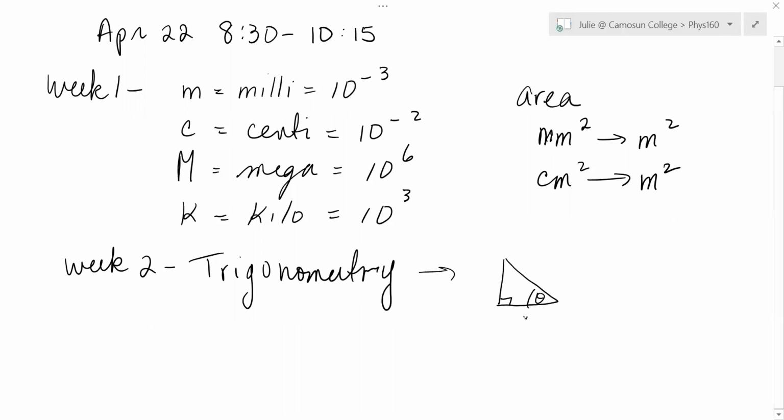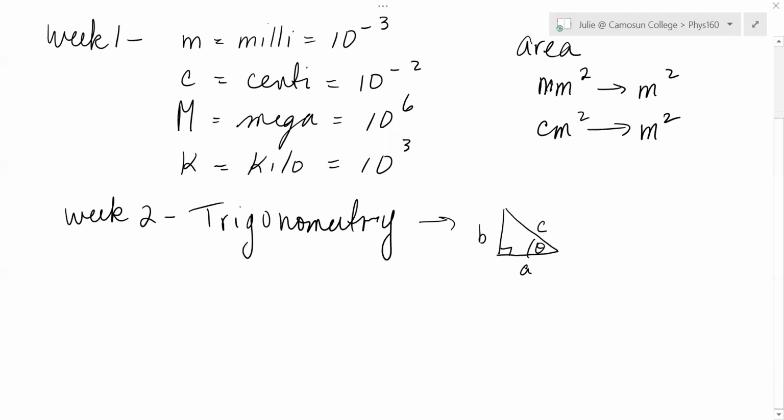And so you need to know SOHCAHTOA, Pythagorean theorem, and which are adjacent and opposite sides, mainly to get components of vectors. So we did quite a bit of that trigonometry. So I'll probably just give you a question where you need to get the components of vectors using that triangle. So that was preliminary stuff.